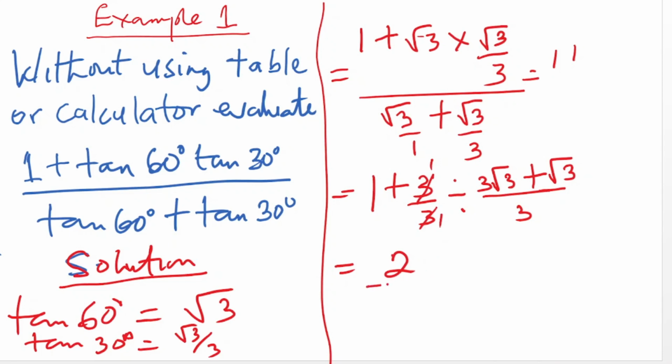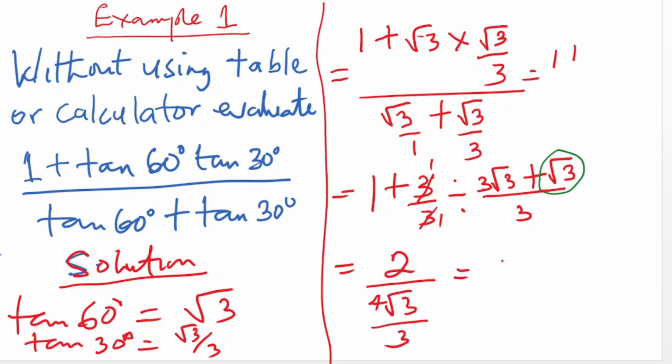Divided by, so this will give us 3 root 3 plus root 3. Because the roots are the same, we can add them. So this one here means 1 root 3, plus 3 root 3, that will give us 4 root 3. That was going to be divided by 4 root 3, all over 3.